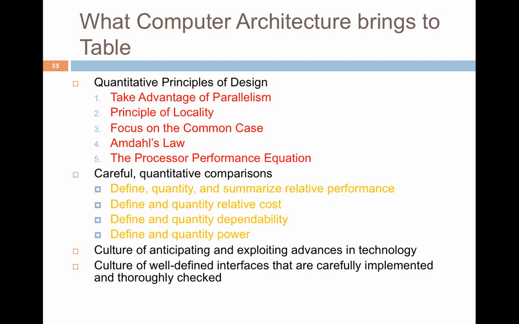We also bring interfaces that are very carefully implemented and thoroughly checked. Right? So we bring interfaces between different systems. We try to say how technology is going to advance and how we're going to shrink things and so on. Okay, so this summarizes the performance metrics lecture, which looks into different aspects of computer design.